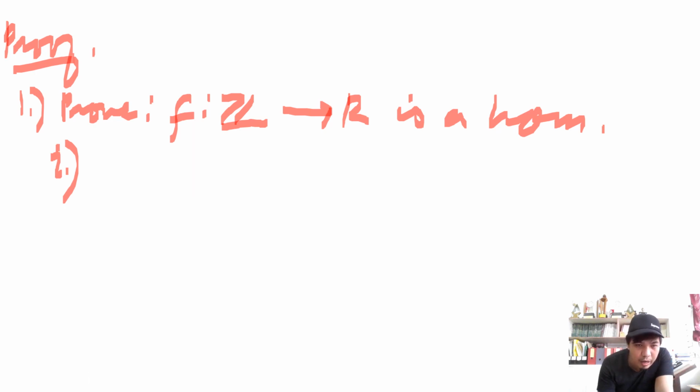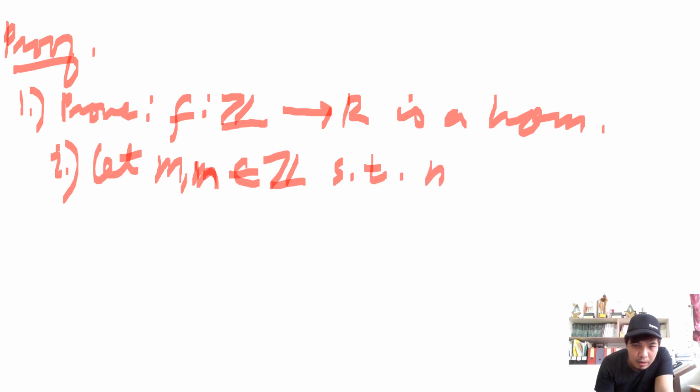To do that, we will take two elements, say m and n, from the domain Z, and assume that they are equal. We are going to show here that their images are equal.